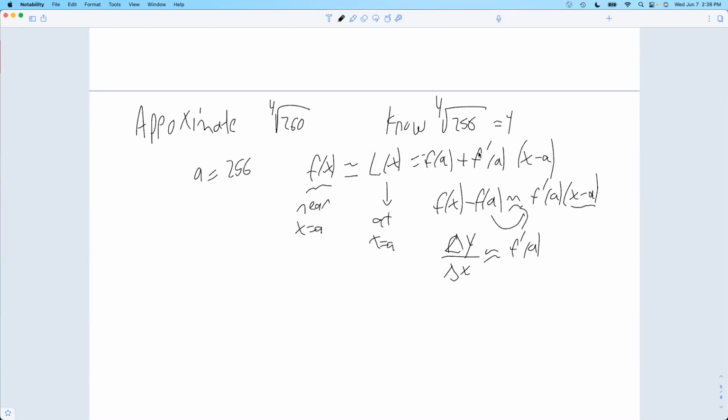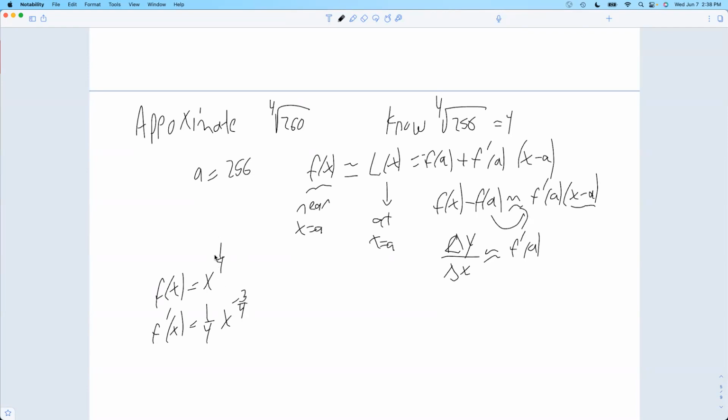Okay, so what do I need? I'm going to need the function value at the original, 256, and then the derivative at 256. So f of x, my original function here, is x to the 1/4 power. Its derivative would be 1/4 x to the negative 3/4.